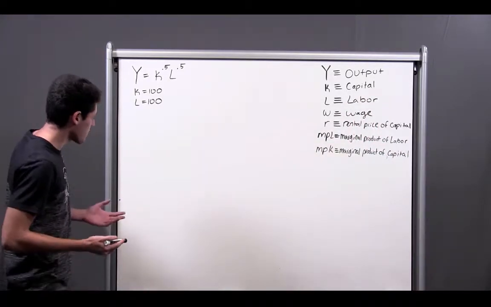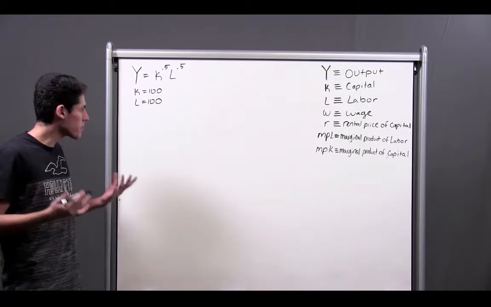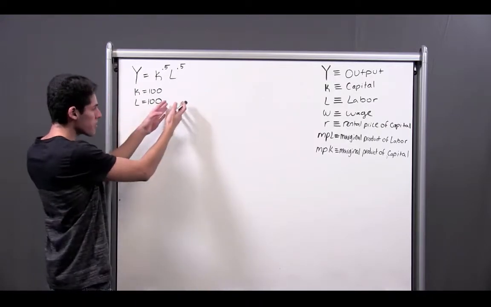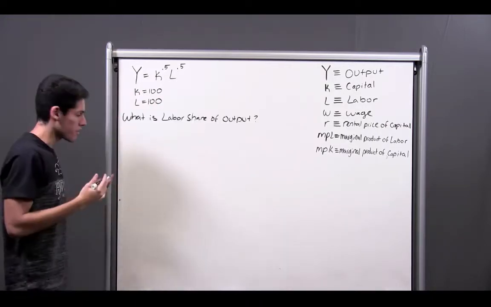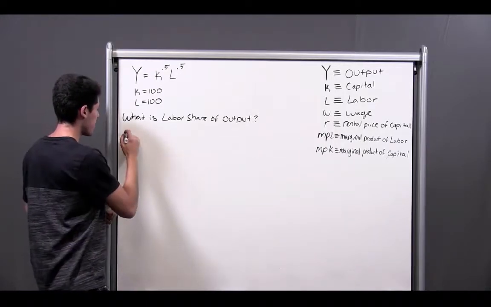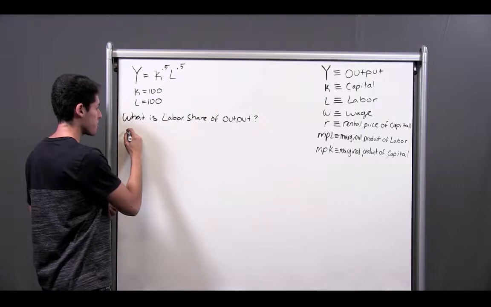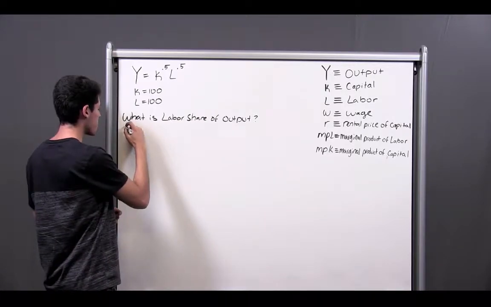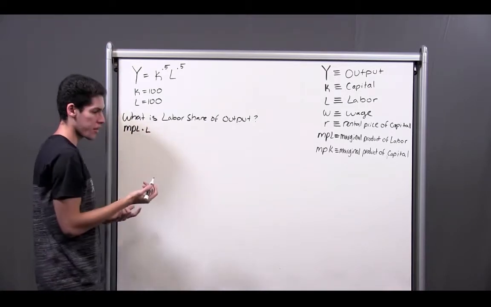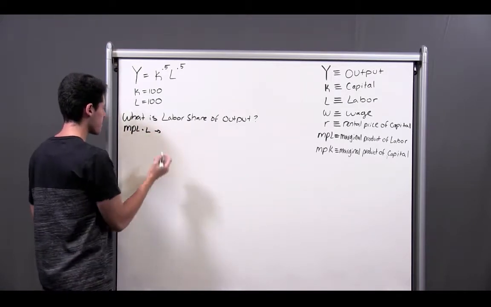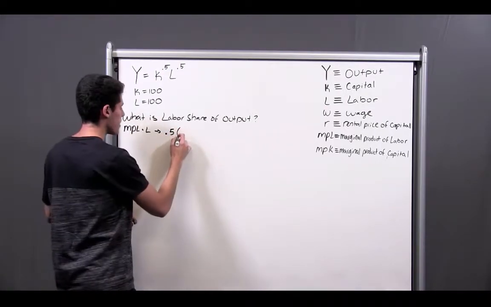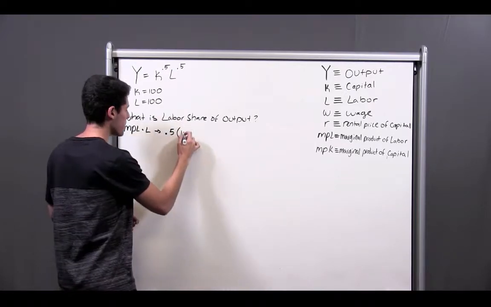So the next question here is going to be, what is labor's share of output? Essentially, how much of this output goes to labor as opposed to capital? Well, to find that, we just use a simple equation. We know that how much output labor gets is equal to the marginal product of labor times the amount of labor that we have, and we said that the marginal product of labor was 0.5, times however much labor we have, 100.